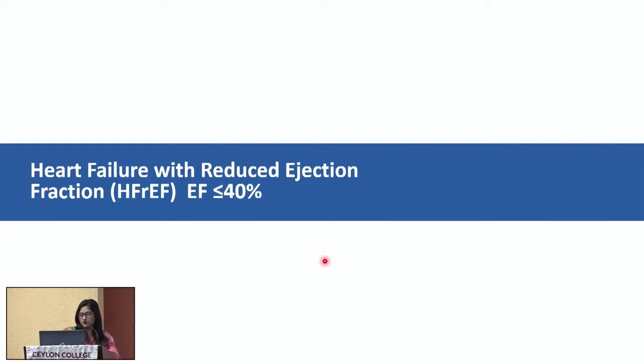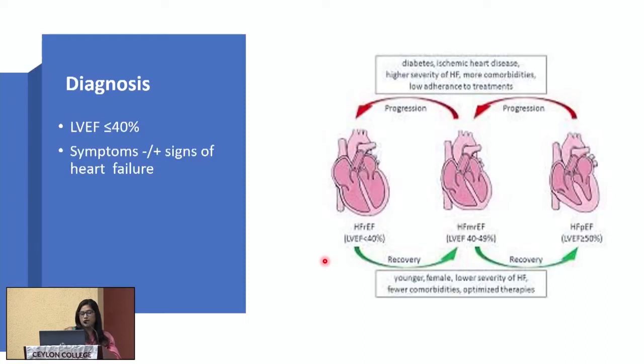We all know the classification is that the ejection fraction is less than 40%. The diagnosis basically depends on having an ejection fraction of less than 40%, together with symptoms plus or minus signs of heart failure.